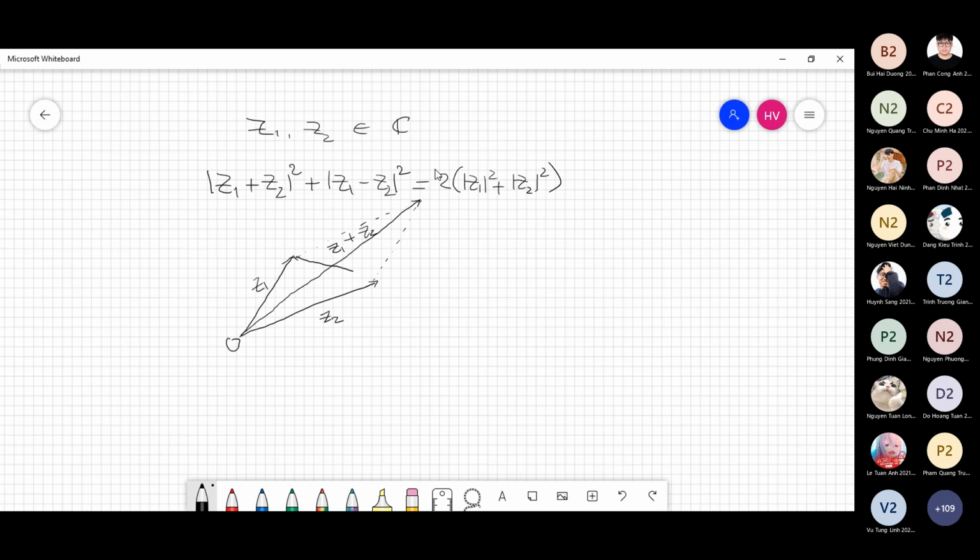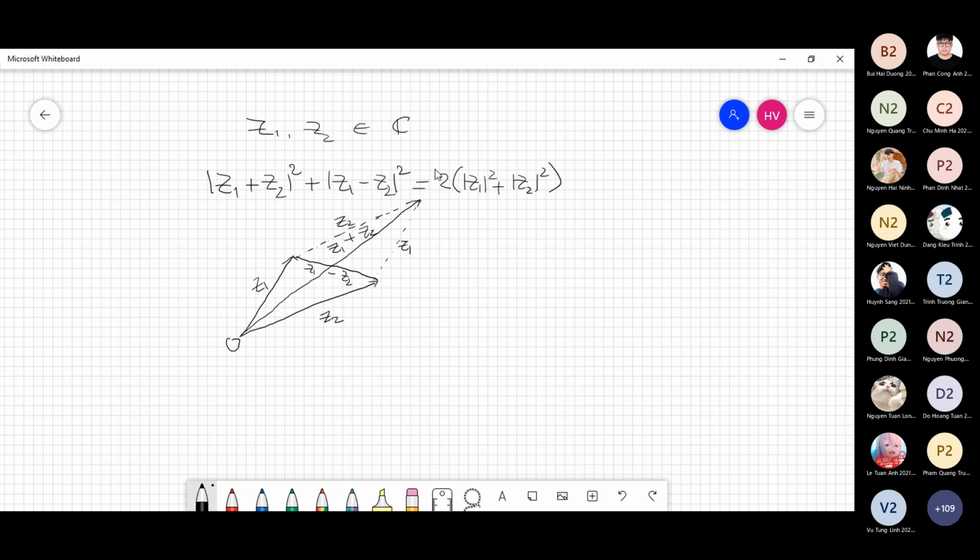And this part here is z1 minus z2. So this equality means that you have the sum of the squares of the two diagonals. The sum of the squares of the two diagonals is the sum of the squares of the vectors here. You have here again z2, here again z1, right?